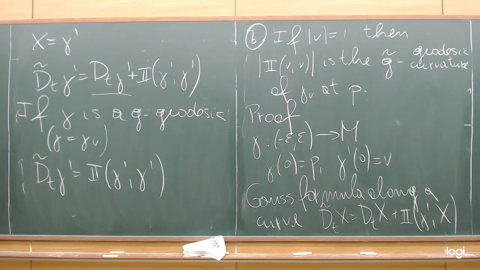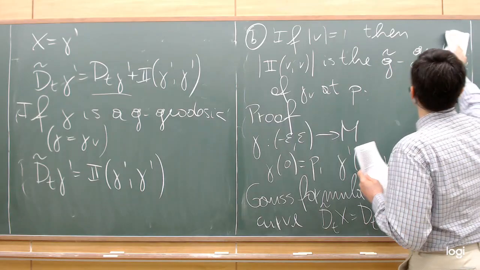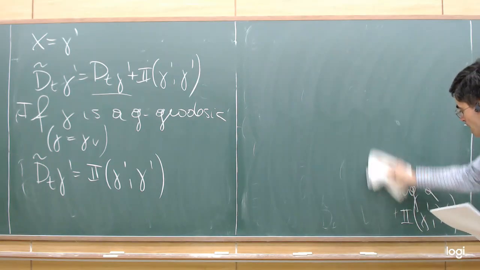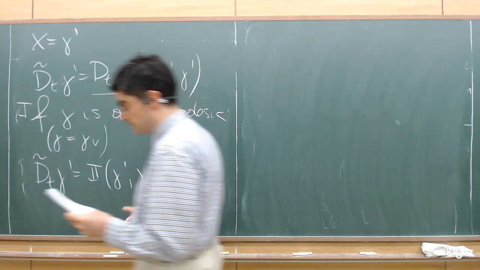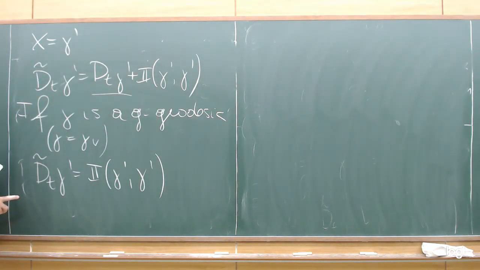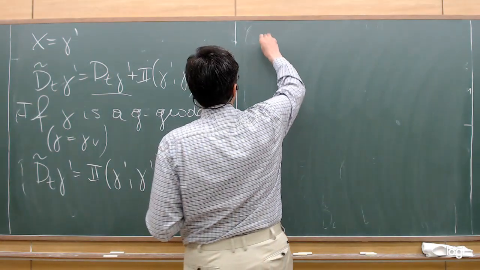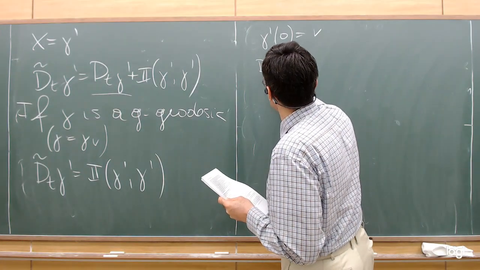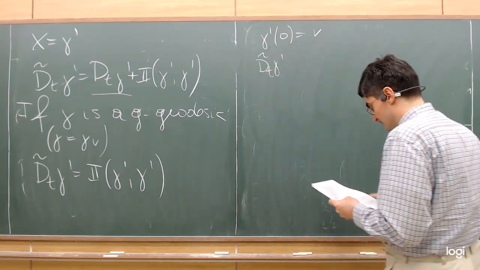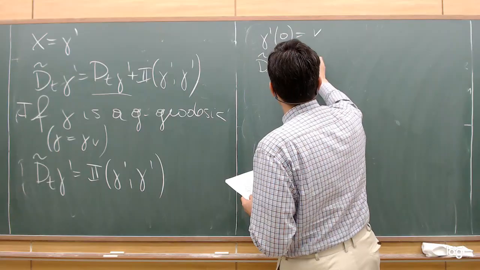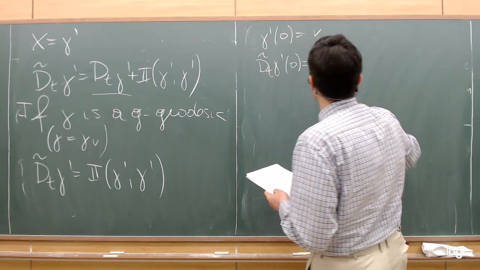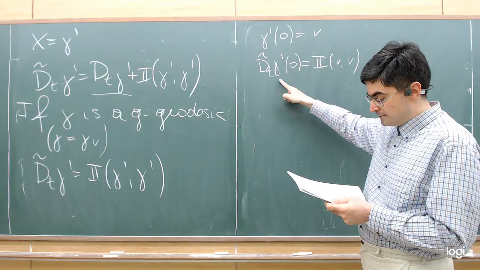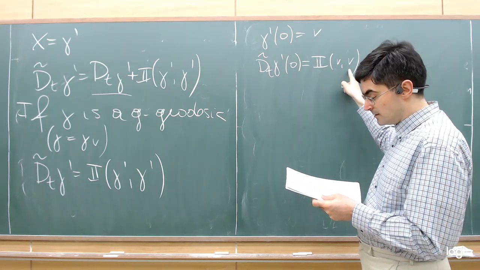So now it is clear that if we look at this formula at 0, where gamma prime 0 is V, we get that D tilde t gamma prime at 0, this is II VV, which says that the G tilde acceleration of gamma is exactly II VV. This was statement A.